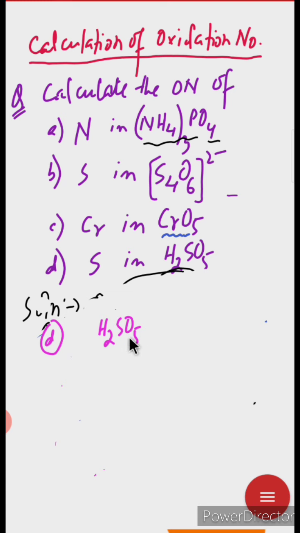This is called Caro's acid, peroxomonosulfuric acid, something like this.